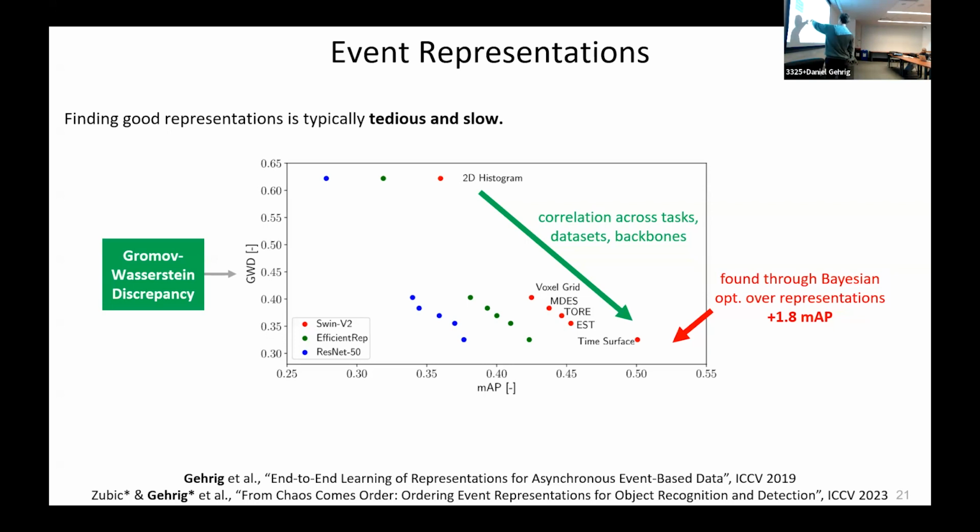So we have a Swin backbone, the EfficientNet backbone, and the ResNet backbone. After training the network, we get a specific object detection score. At the same time, we can measure how much information is, for example, lost when we use the time surface.